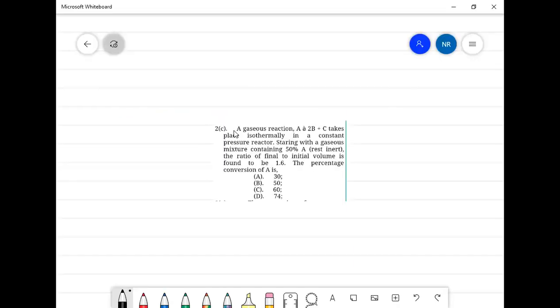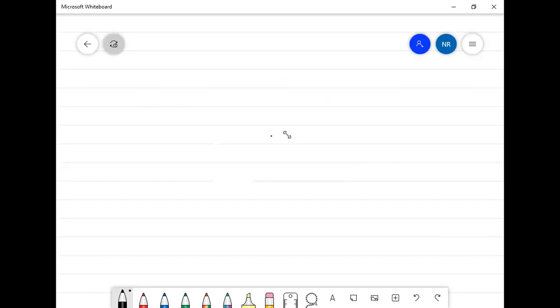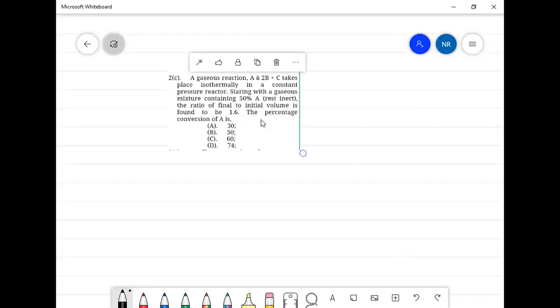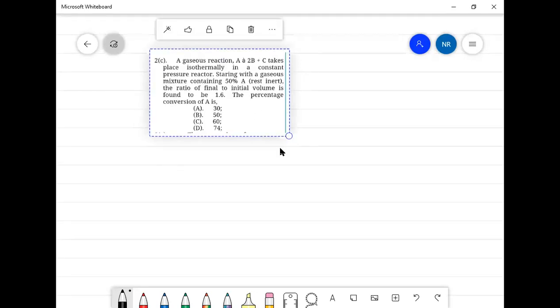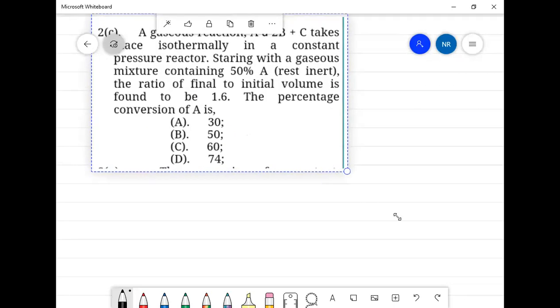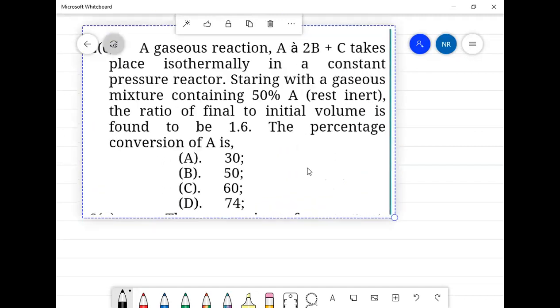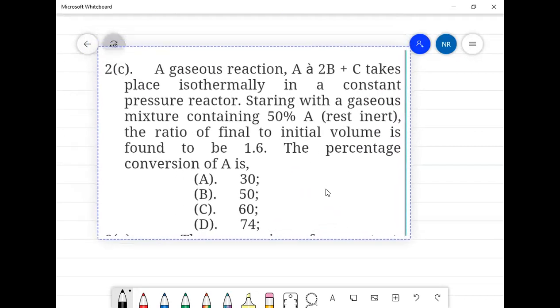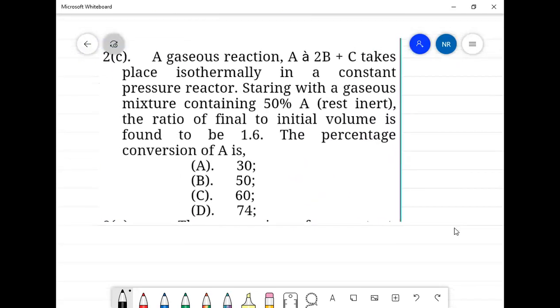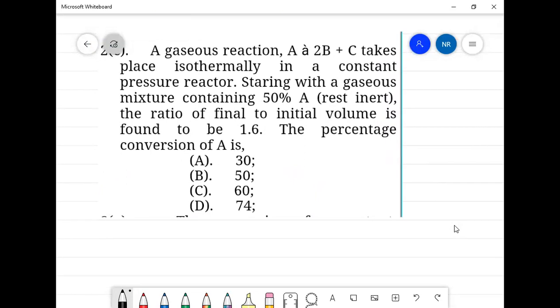Okay, so for that there is one thing given: the ratio of final to initial volume.